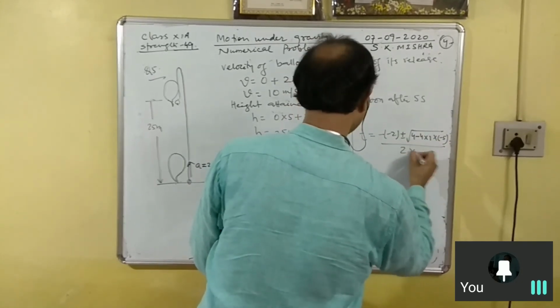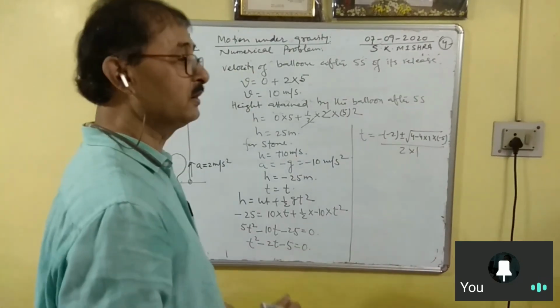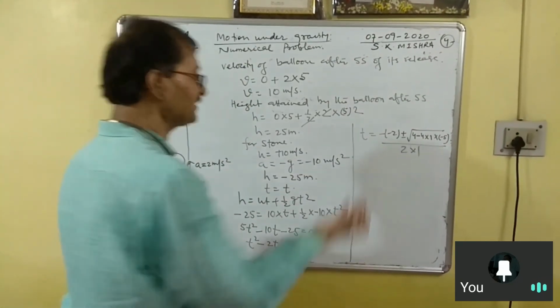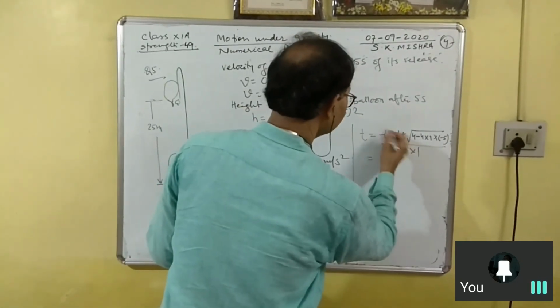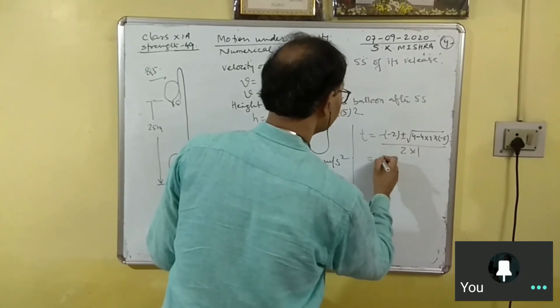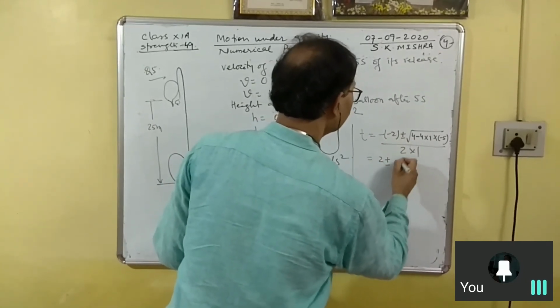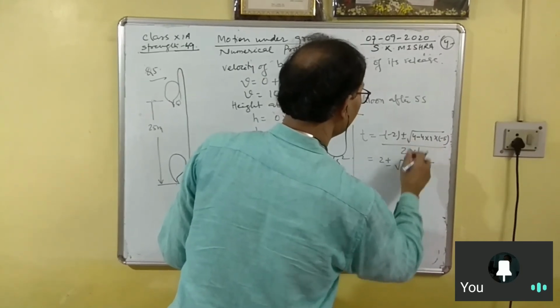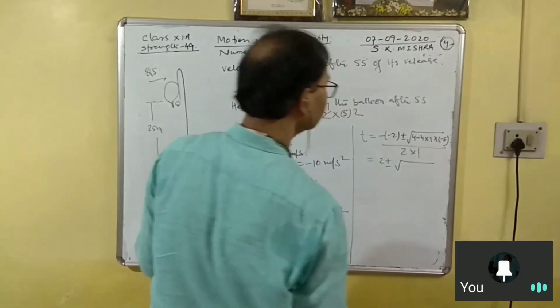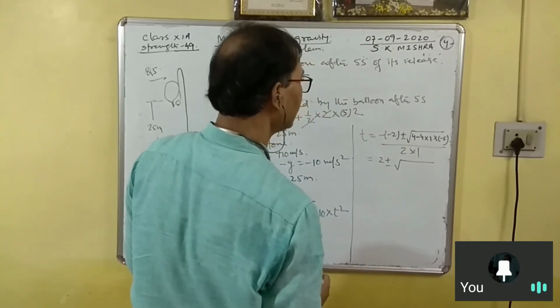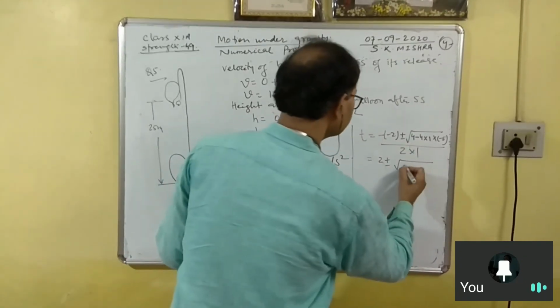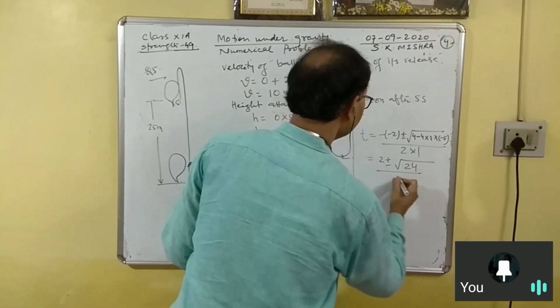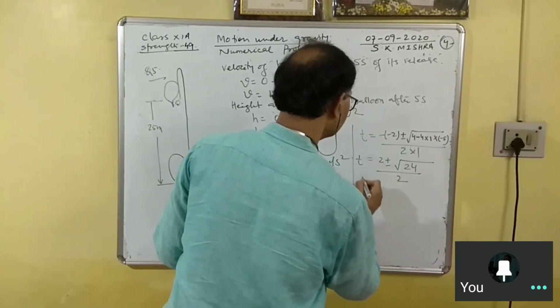You have studied the quadratic equation in class 10, no? So what is the use of the quadratic equation? Just utilize it. So it is 2 plus minus under root, 4 plus 20, that is 24, divided by 2.